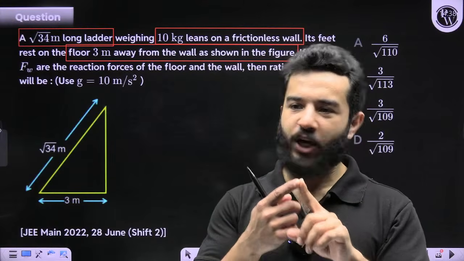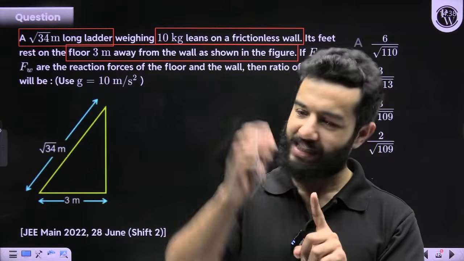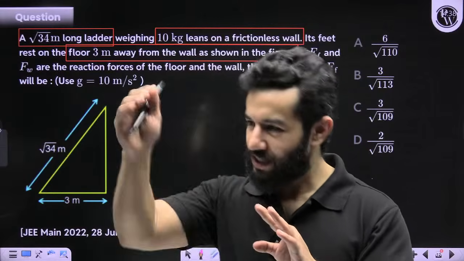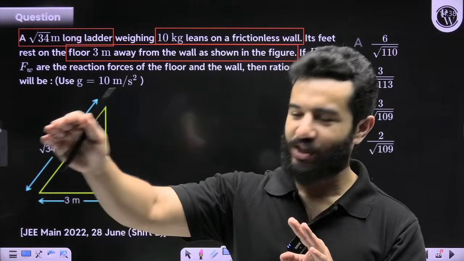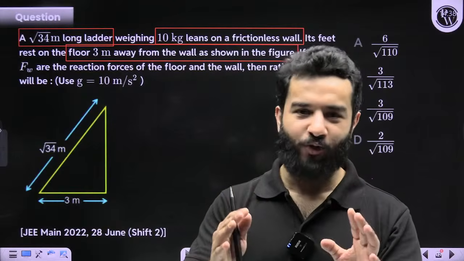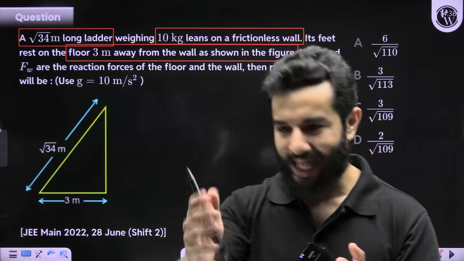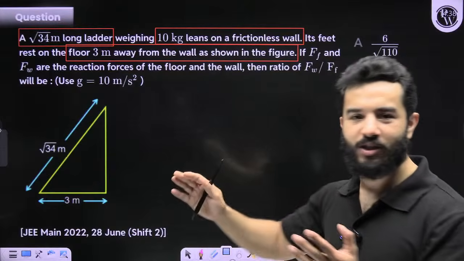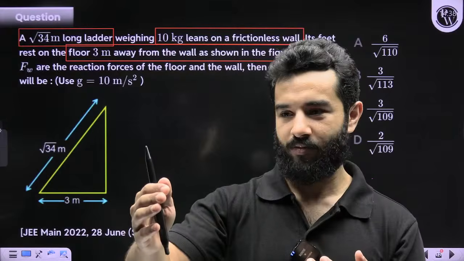First is that you have done this problem earlier and you remember the answer. You know that C is the correct answer. Second is you're seeing the question, opening the next tab, googling it, seeing that option C is correct, and then giving me the answer. In any which way, why are you wasting your time? This is the time where you should practice a lot of questions. Even if you remember that C is the correct answer for this one, I don't want to know the correct answer. I want you to attempt it.